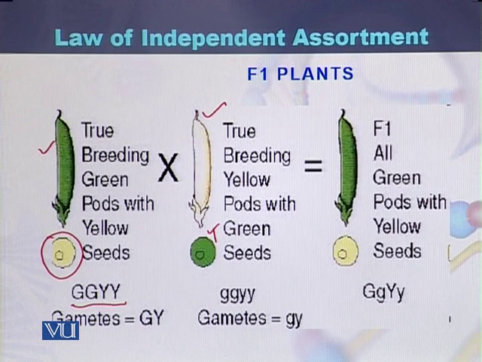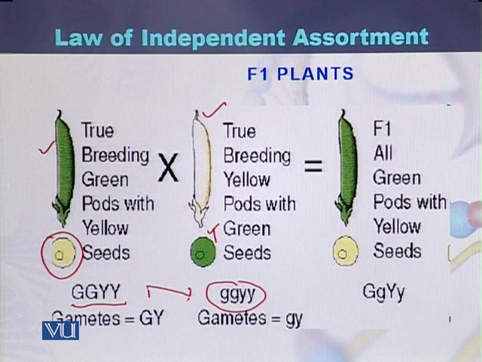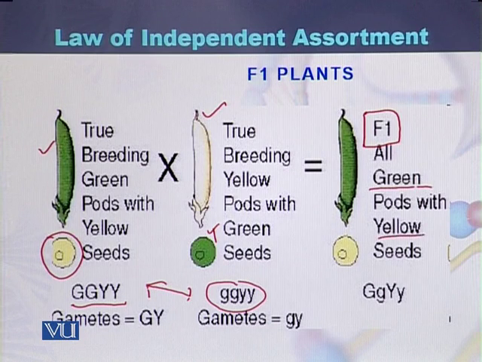In this case the gametes were small g and small y. As a result of cross pollination between these two plants, all the offspring produced in the F1 generation were producing green pod as well as yellow seeds, but they were heterozygous.